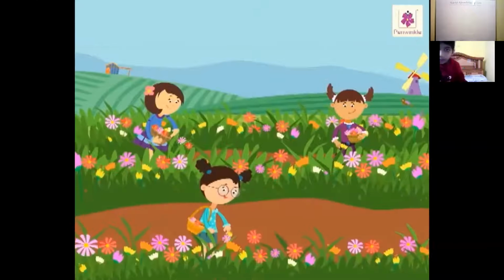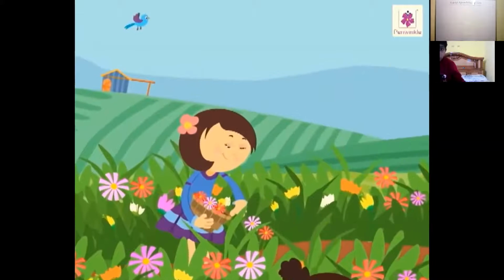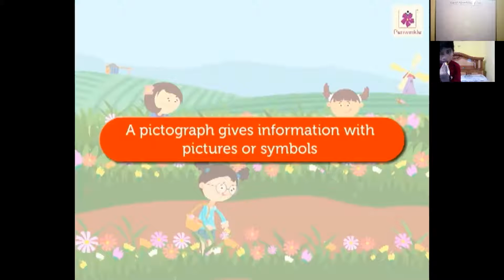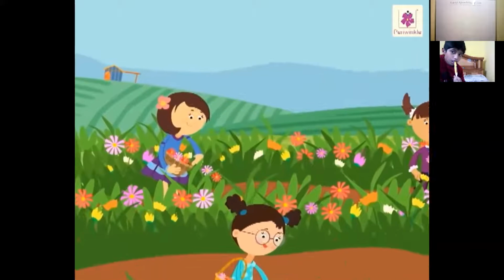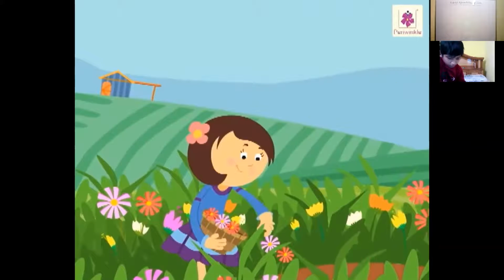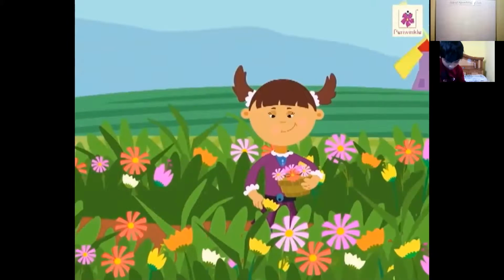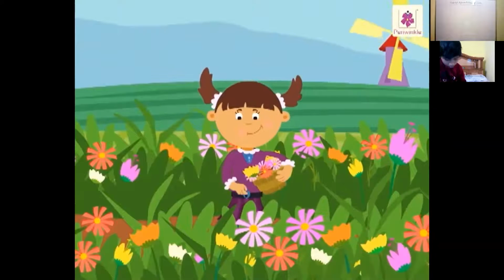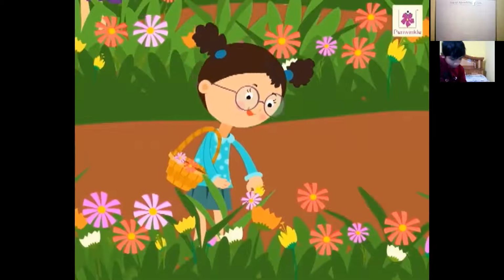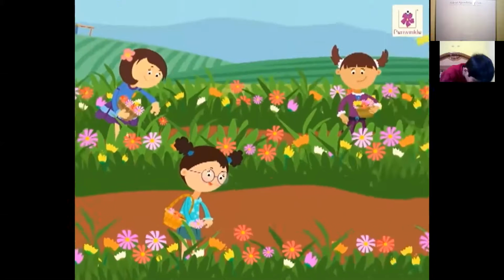Today, let's learn about another way of data presentation called pictograph. In this flower farm, pictograph gives information with pictures or symbols. Look at the flower farm. Spinny collected 5 flowers. Tanya collected 7 flowers. And Suzanne collected 4 flowers from the farm.